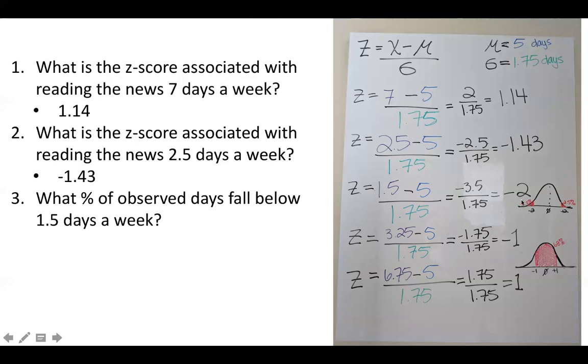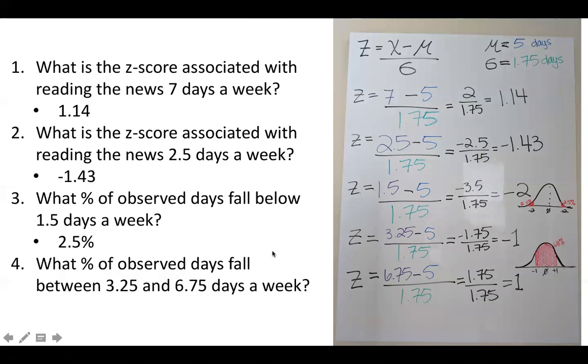So we'll have 2.5% of cases falling below -2 and 2.5% of cases falling above +2. So to answer this question, what percentage of observed days fall below 1.5 days a week? That answer is 2.5%. What we know from the standard normal distribution is 95% of all data fall between plus and minus 2. So that means 5% doesn't, and half of that 5% falls below -2, and that's 2.5%.